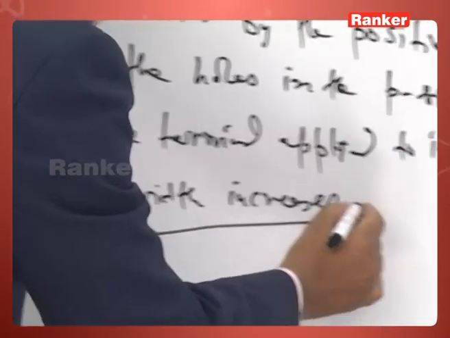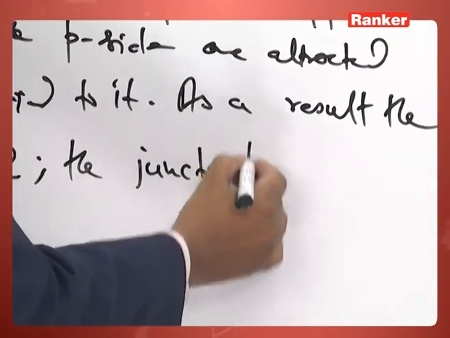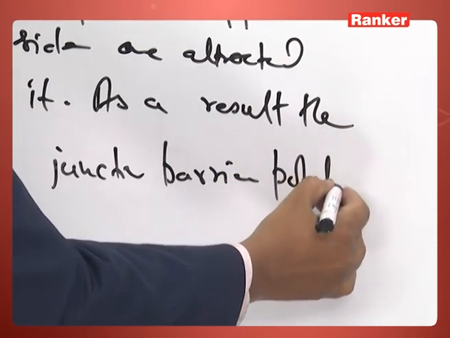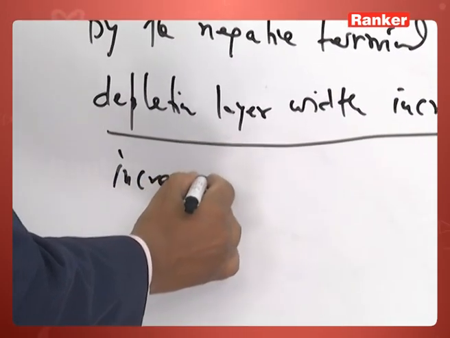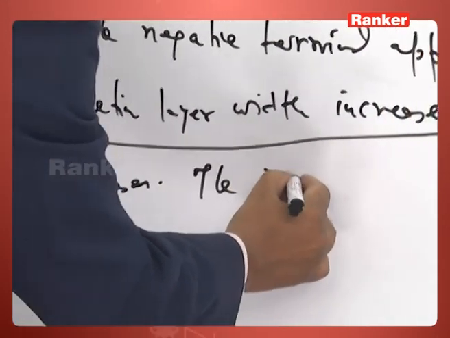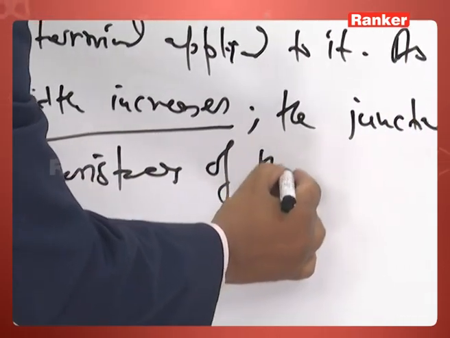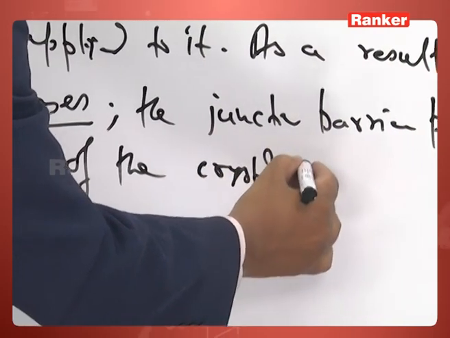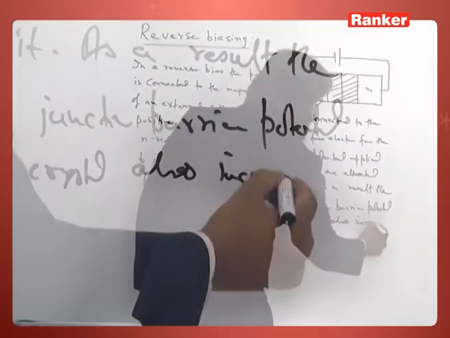Important point. The junction barrier potential increases. The resistance of the crystal also increases.